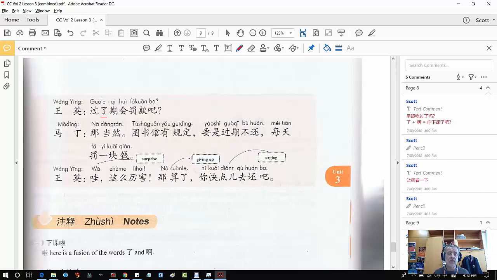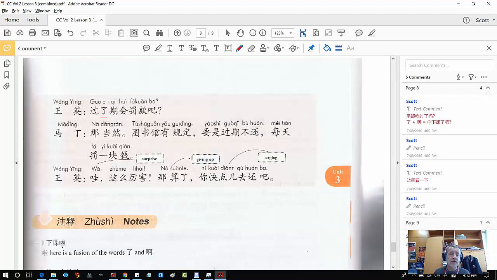So based on what we learned about the 了 that means completion of action, and we said in previous lessons that when you've got the verb like 过 followed immediately by 了, and then the object of that, which is 期, 过期. So 过 is the verb, 期 is a noun, even though the whole expression means to be overdue.